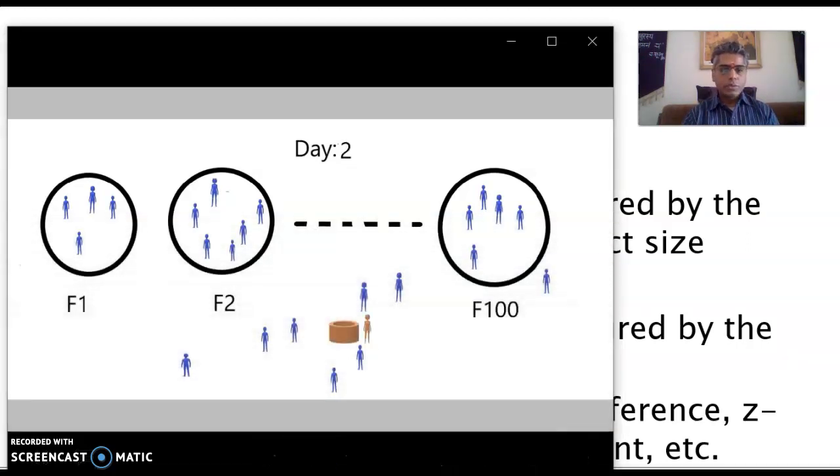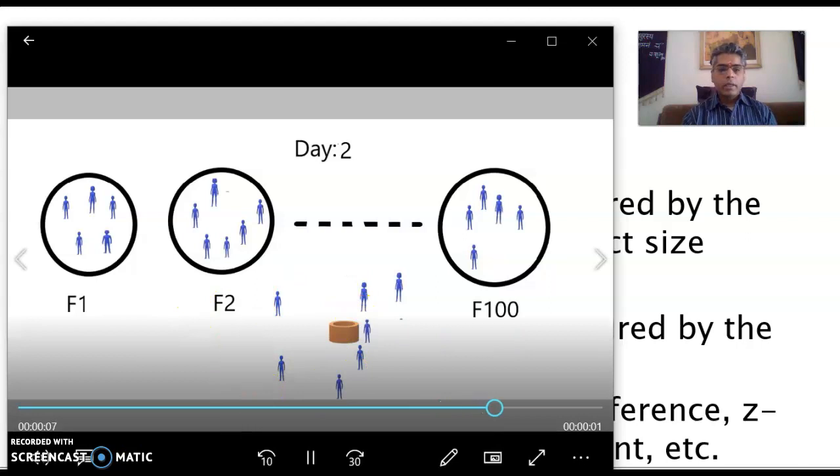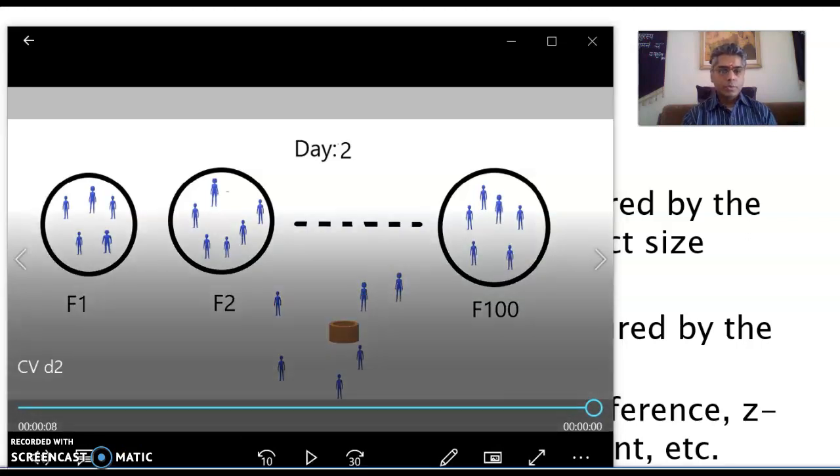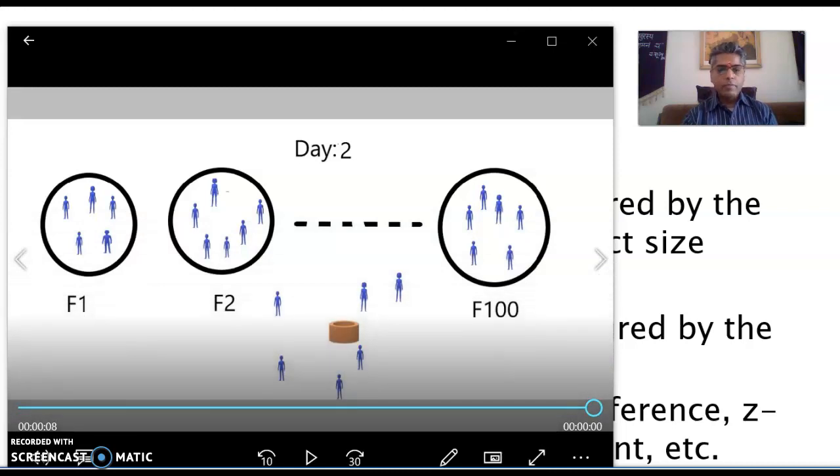On day two, everything goes well. People maintain social distance in the families as well as at the well, and it's business as usual. Day 3 to 5 is the same business as usual, and everything goes well.